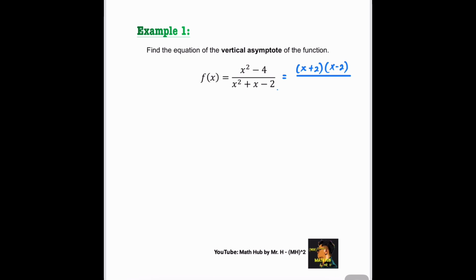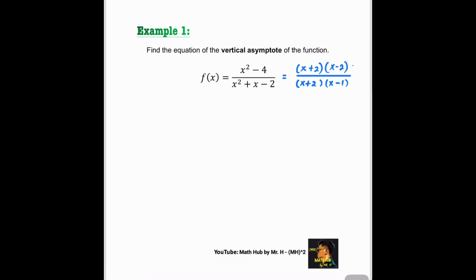The denominator is a quadratic expression, and by looking at it, that quadratic expression can be factored as well. So -2, and this is +1. Therefore, the factors will be x plus 2 and x minus 1.